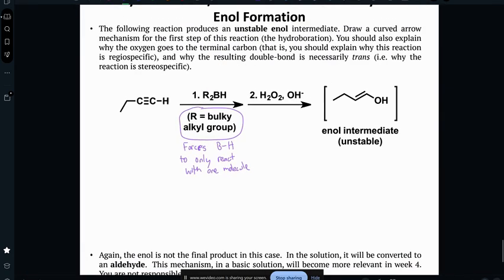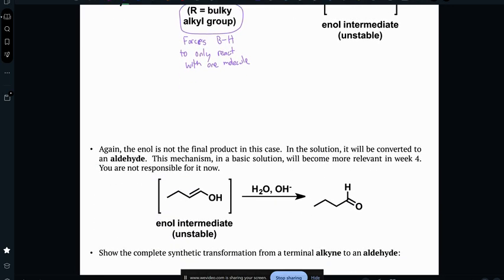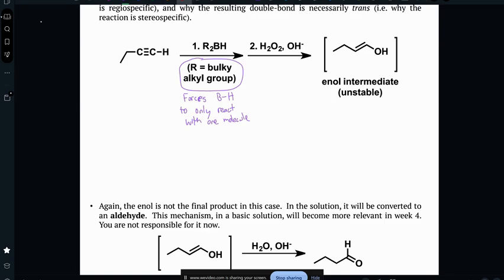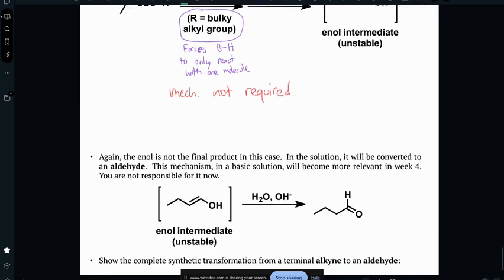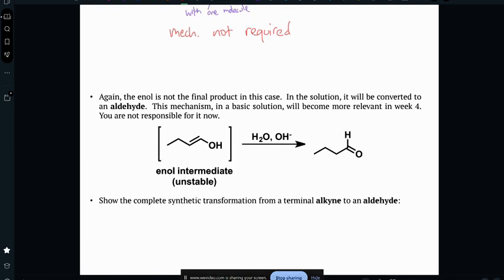You do not need to know this mechanism. But know that it has the same result. It will make the enol. The thing about the enol is, just like in the previous case, that will get converted via tautomerization to the carbonyl form, in this case, the aldehyde form.